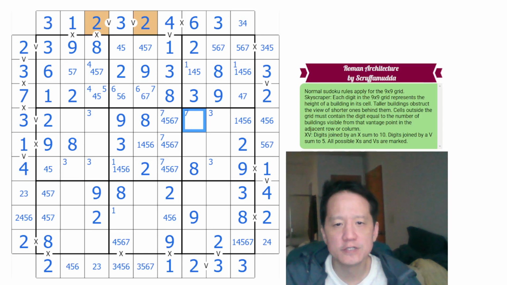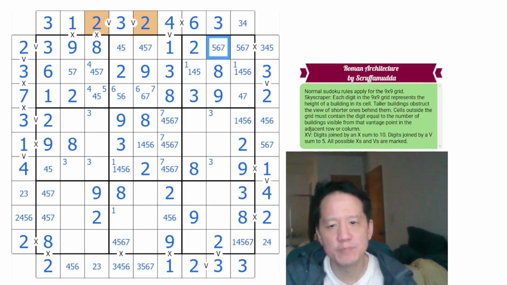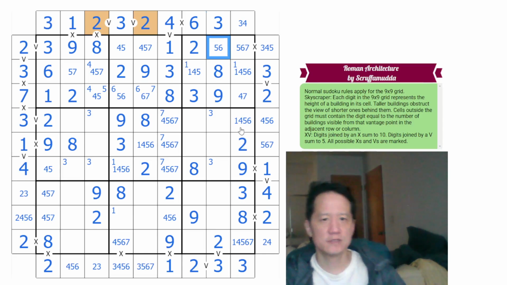The remaining digits here. This can't be 7 because that would add up to 10. So this is specifically 5 or 6.